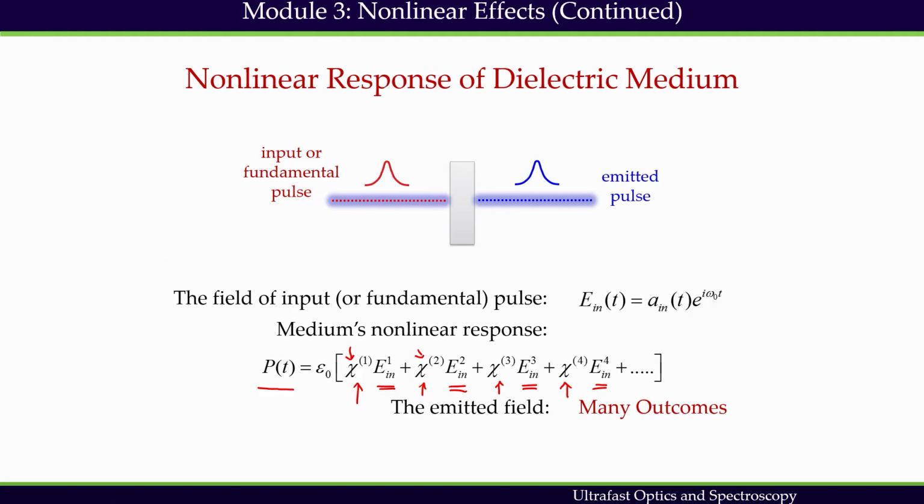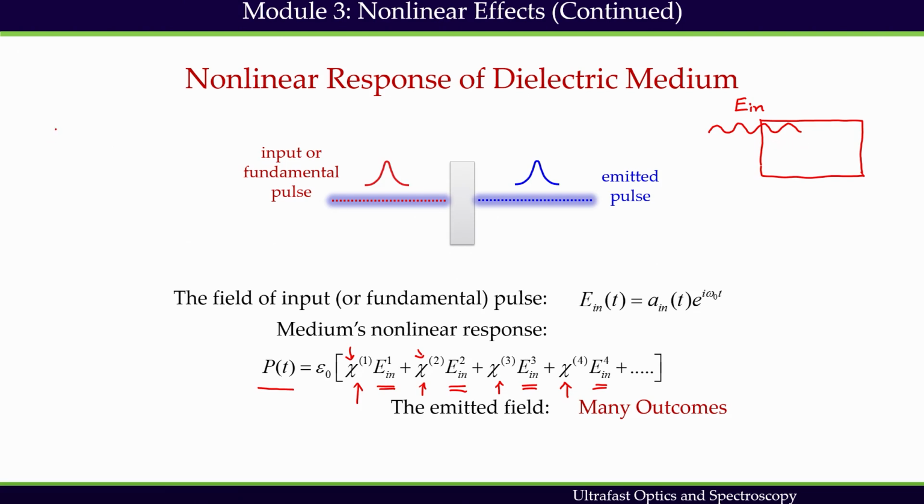We have seen that each polarization results in several outcomes. So we will draw this figure, which we are familiar with now. This input beam, say E in, entering the medium is changing polarity all the time, in every half cycle, and this is why we are creating a dipole in the dielectric medium.